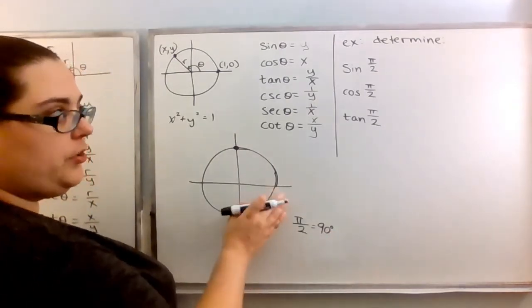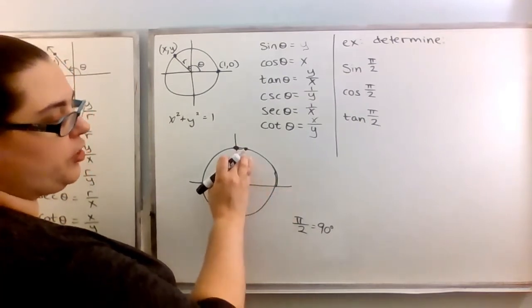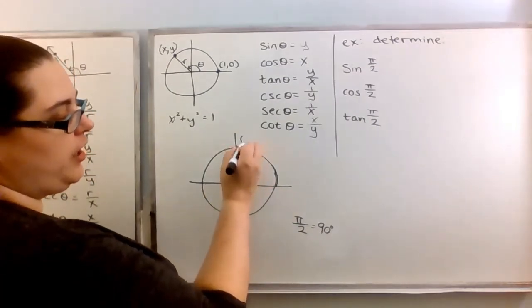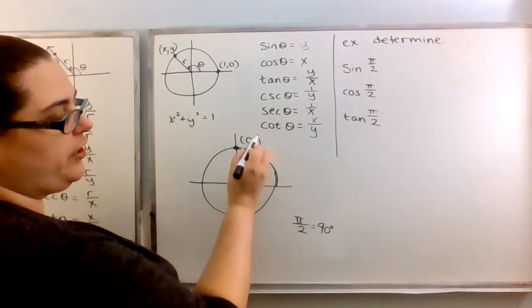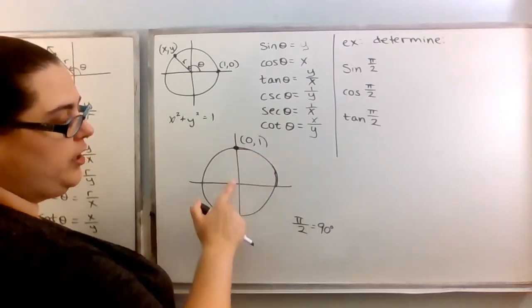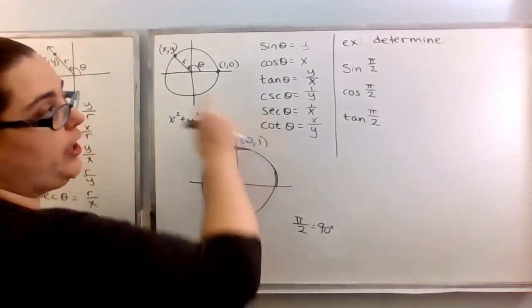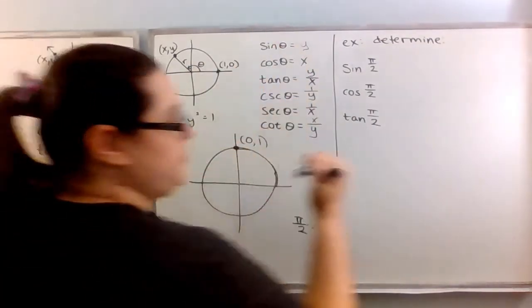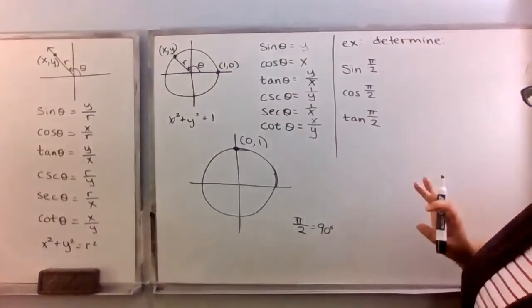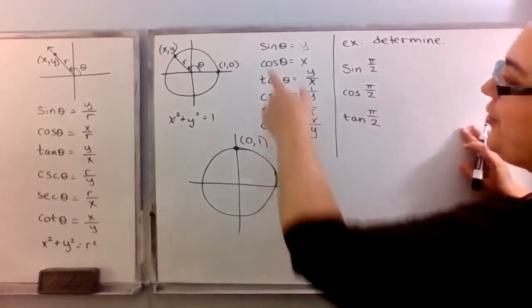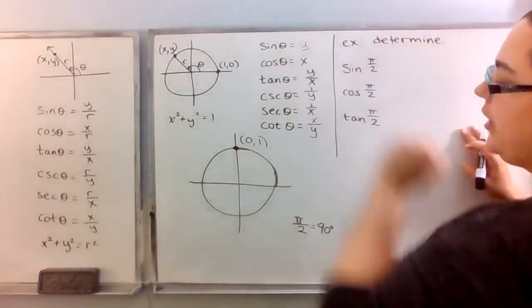Because I'm on a unit circle, I know that the coordinates of this point are going to be an x value of 0 and a y value of 1, because my radius is 1. So now I can go ahead and apply these definitions. The sine value is the same as y.